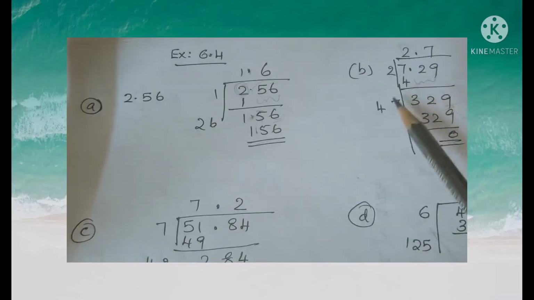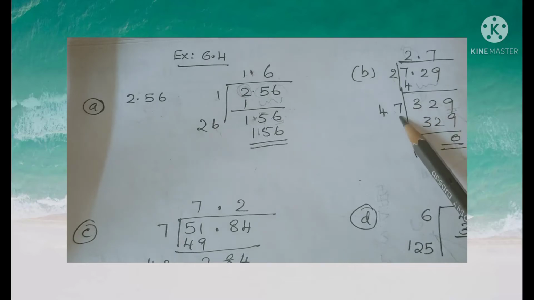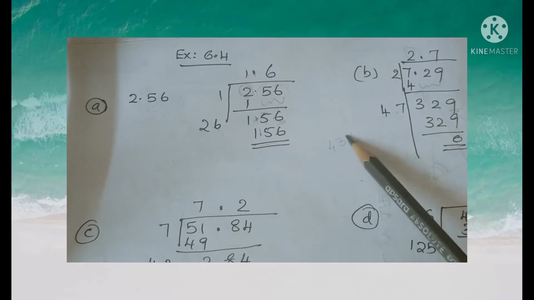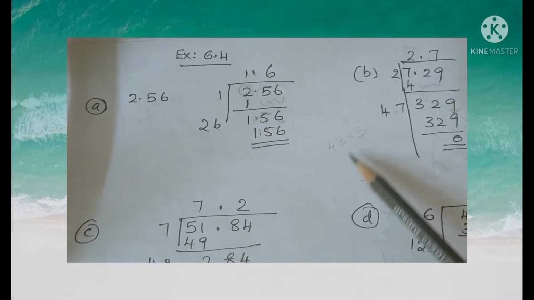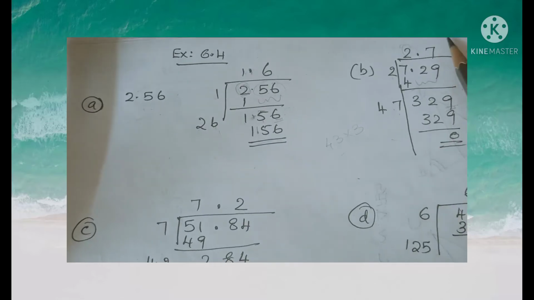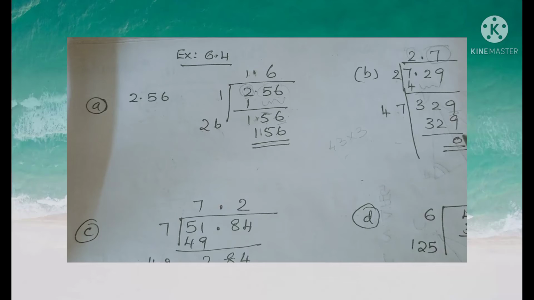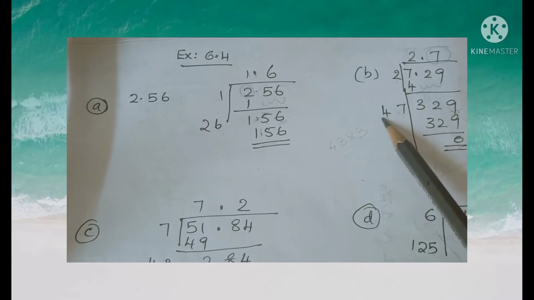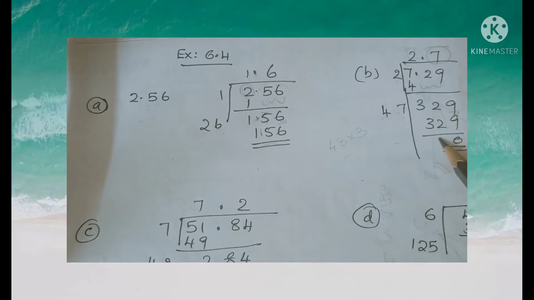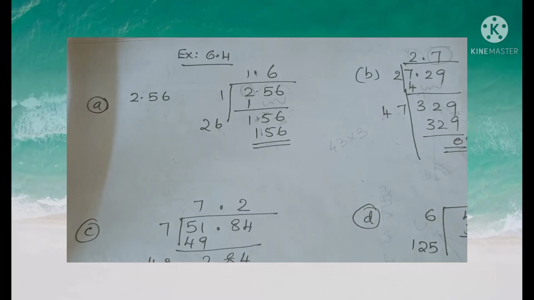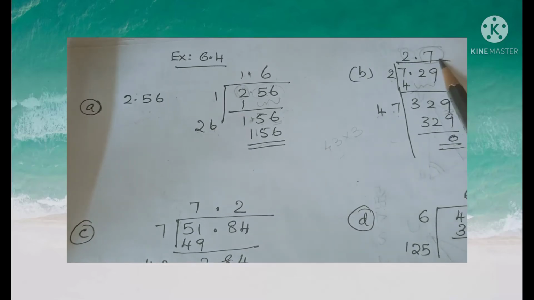If we write 3, then the number is 43 into 3, which is 100 something, so we write 7. 7 into 7 49, 4 remaining, 7 into 4 28 plus 4 32, so the answer is 329 and the square root is 2.7.